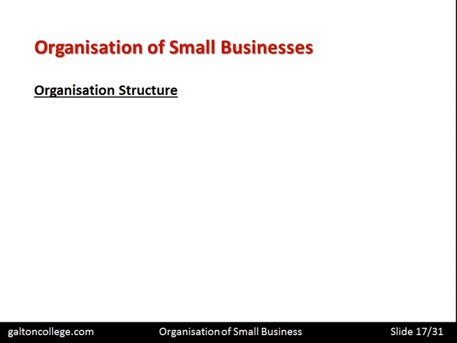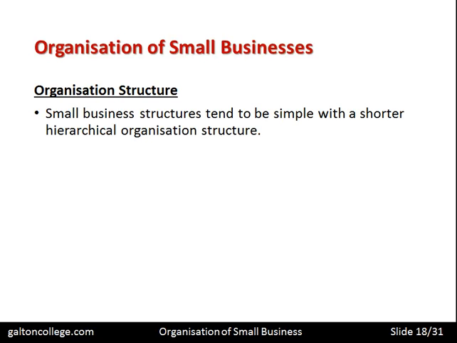Organization structure. Well, small business structures tend to be simple with shorter hierarchical organizational structure. In a small business, it's easy to go from the shop floor to the owner. It might be just one step. It may be just the owner and some people making the product and selling it.